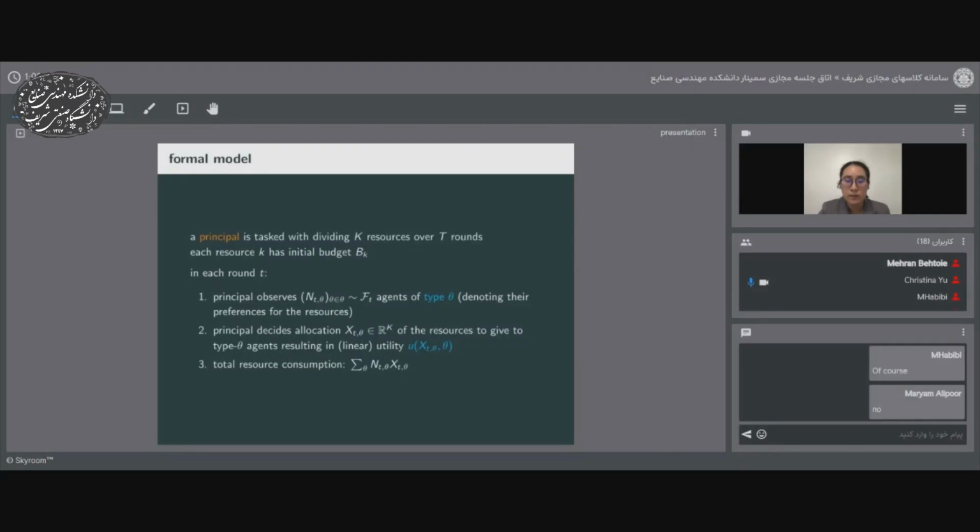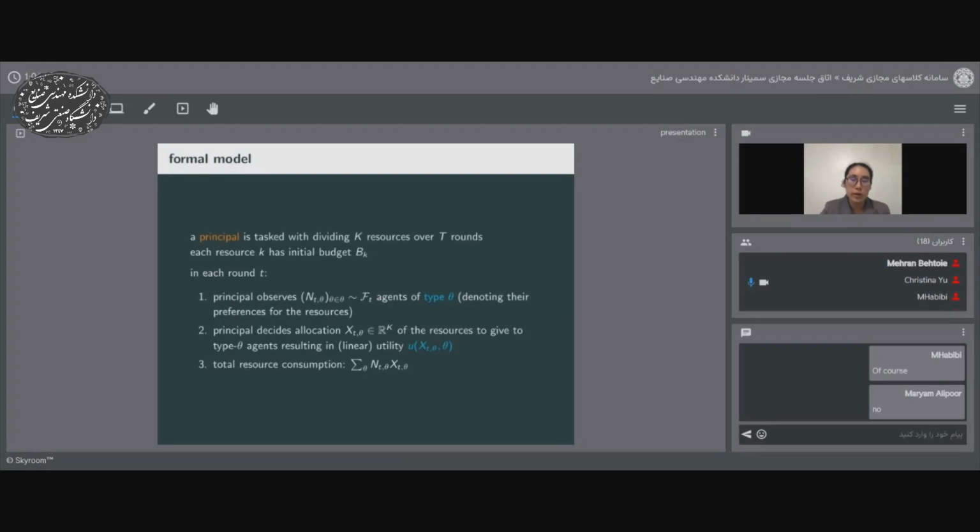You should think of this allocation as a vector of length K, meaning it specifies how many of each of the K different types of resources it allocates to an agent of type theta. And so this total resource consumption is also a vector indicating how many resources of each type are consumed in this round.